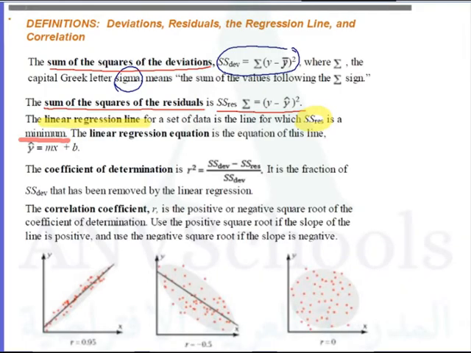The linear regression equation is the equation of this line, y hat is equal to mx plus b. Next, the coefficient of determination.